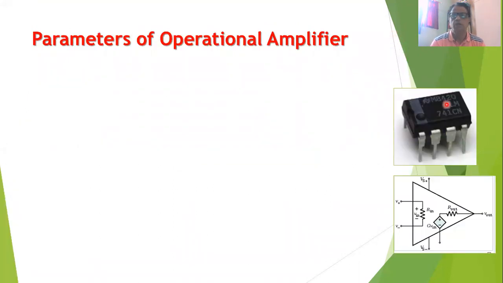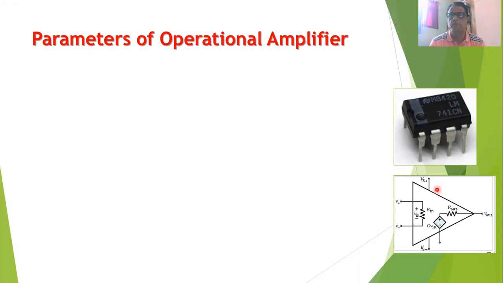So we know that the operational amplifier is a very popular IC, and this is a basic building block for any analog circuit. That is, whenever we want to build any analog circuit, it is possible to build it by making use of the operational amplifier.